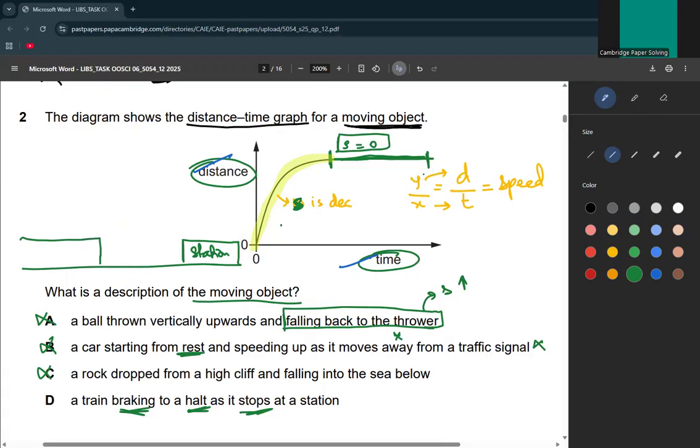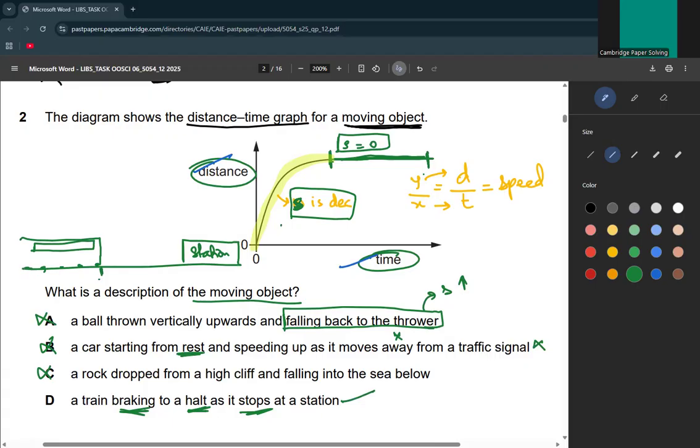The train applies brakes. Brakes are applied here. So when brakes are applied, what happens? Speed decreases. Yes. The graph shows us that speed is decreasing. The yellow part shows us that speed is decreasing. The green part tells us that speed is equal to zero, which means the moving object has stopped.